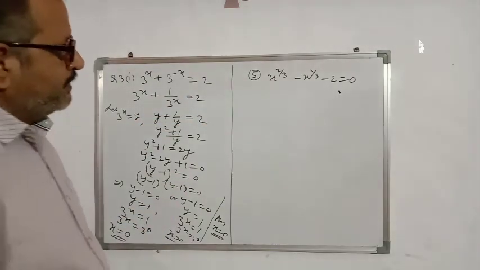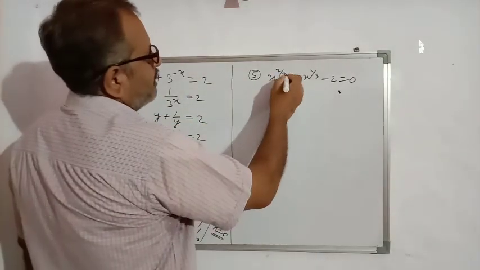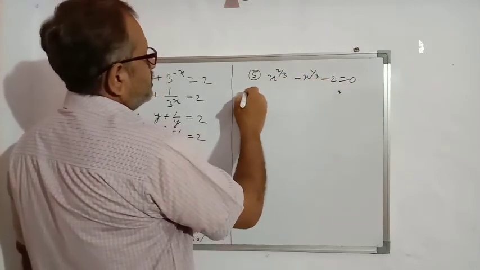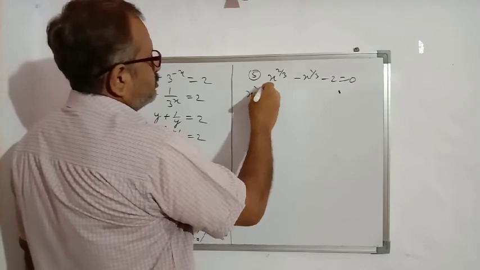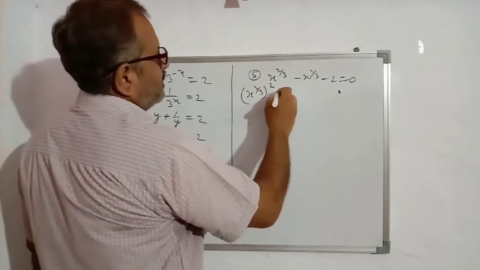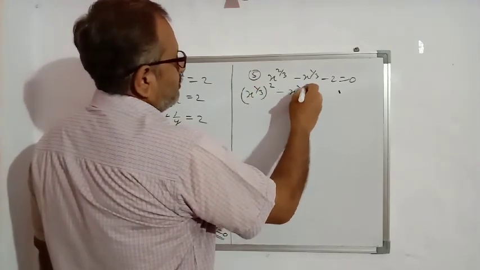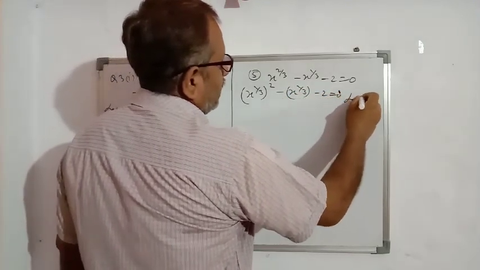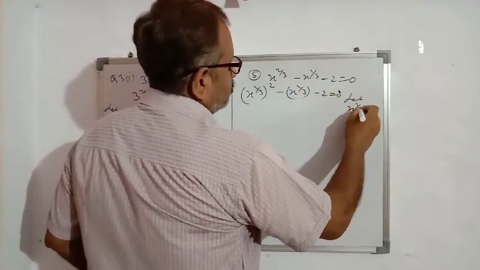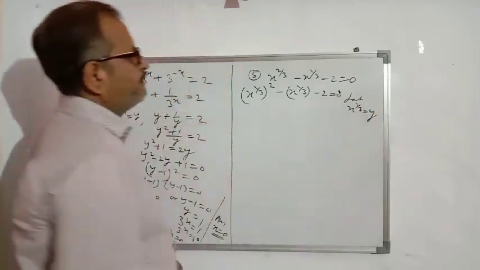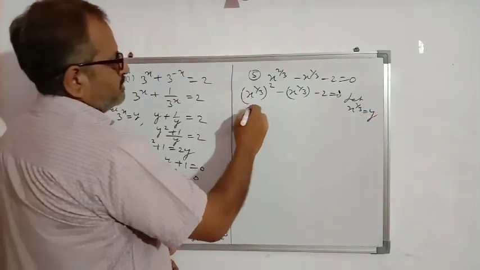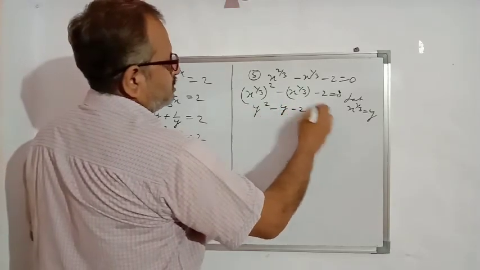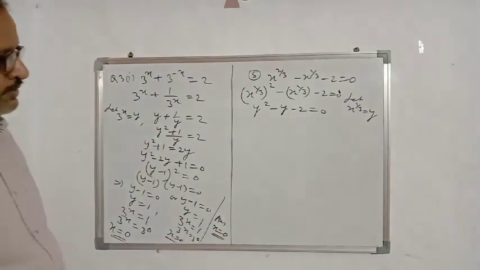See question number 5. x to the power 2 by 3 minus x to the power 1 by 3 minus 2 is equal to 0. We can write it as x to the power 1 by 3 whole square minus x to the power 1 by 3 minus 2 is equal to 0. Again let x to the power 1 by 3 be equal to y. So we can write y square minus y minus 2 is equal to 0.